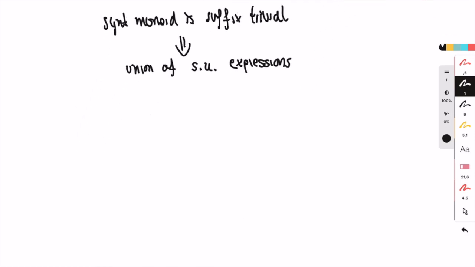Let's begin with this thing. So the main lemma is as follows. So imagine you have a suffix trivial monoid, and then you have a sequence of elements in this monoid. And it has some product, say B. What we're going to show is that this product can be computed by a union of suffix unambiguous expressions. So the main lemma is the following.